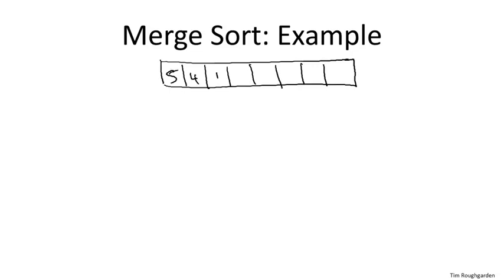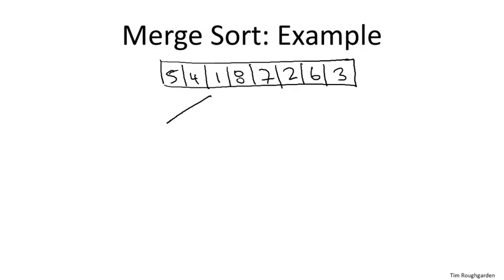Okay, so merge sort's purpose in life is to sort the given input array. So it's going to spawn off calls of itself on smaller arrays. And this is going to be a canonical divide and conquer application where we simply take the input array, we split it in half, we solve the left half recursively, we solve the right half recursively, and then we combine the results. So let's look at that in the picture.